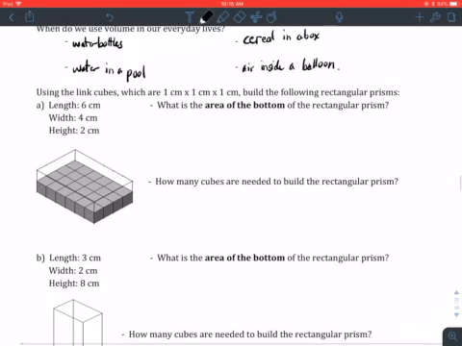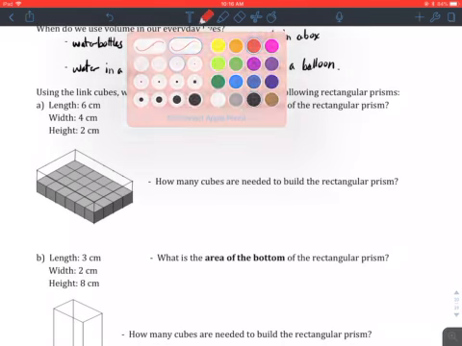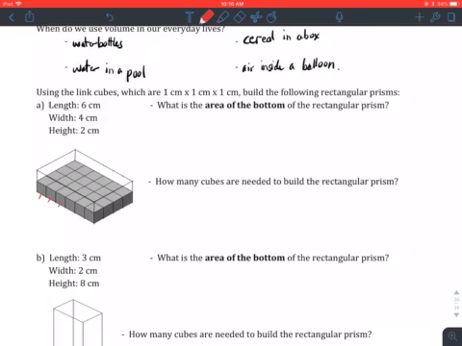Okay, so if I were to look at this using those linked cubes, which are 1 centimeter by 1 centimeter by 1 centimeter, we could build the following prisms. So one has a length of 6, a width of 4, and a height of 2. And we can look at the area of the bottom. We can count the dimensions of the rectangle on the bottom.